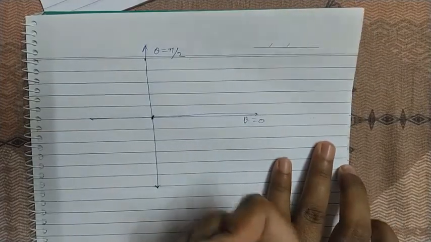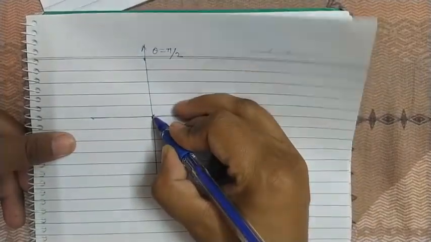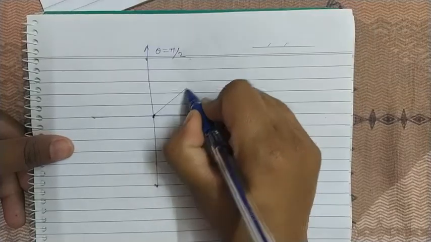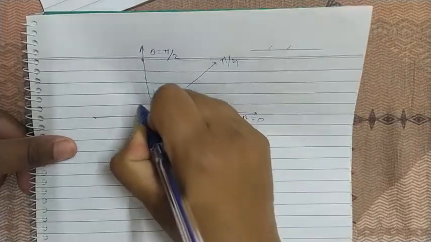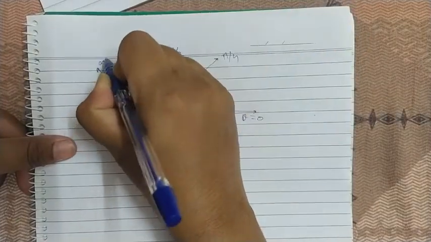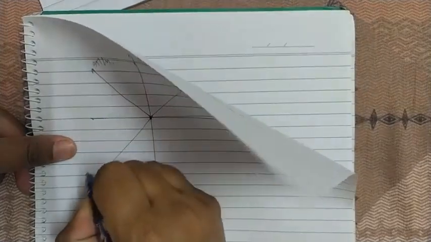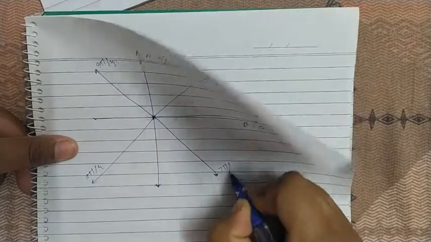Okay, now what is the next thing? What are the tangents at the pole? Tangents at the pole is pi by 4. So pi by 4 looks like this. Then the other tangent at the pole is 3 pi by 4. We have found this. Then the other tangent is 5 pi by 4 and 7 pi by 4.